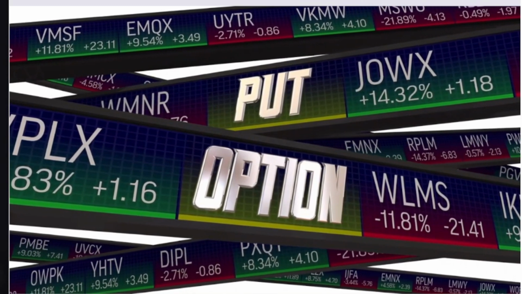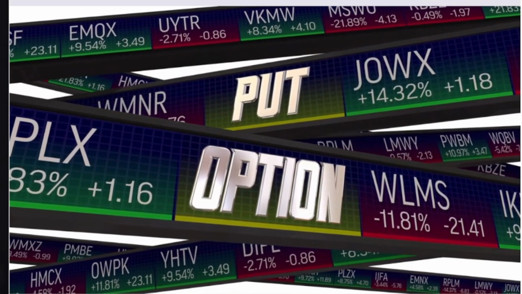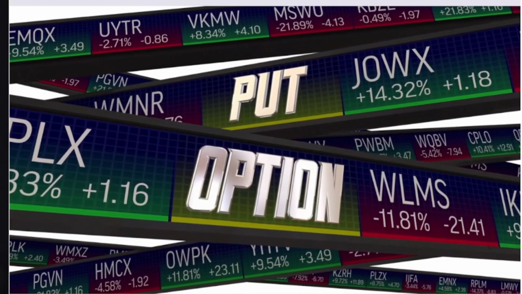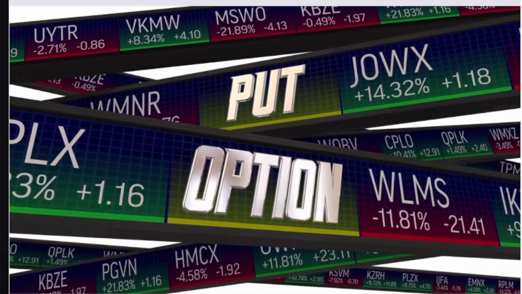Now, let's imagine for some reason the price of the Apple stock tanks to $40 a share on the open market. What this means is your put option, you bought the right to sell 100 shares of Apple stock at the $50 strike price.